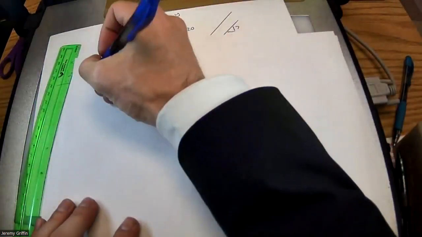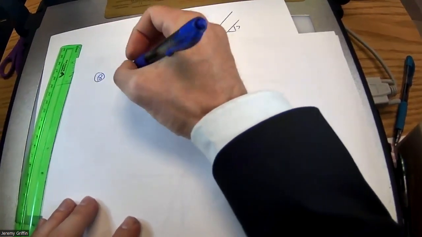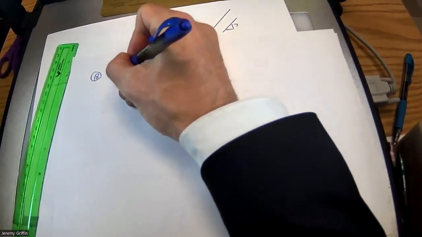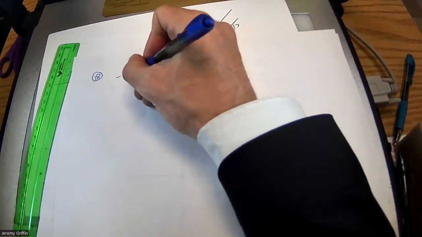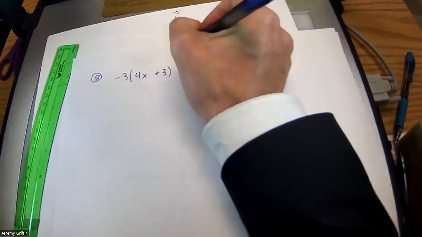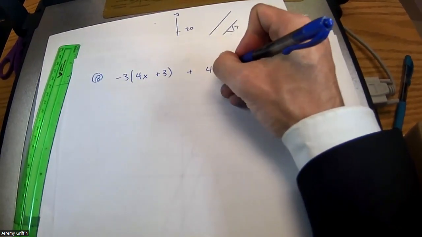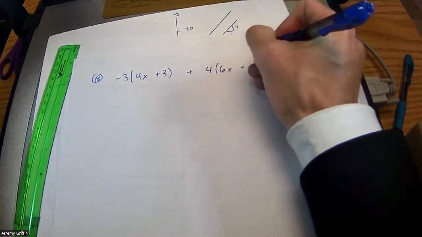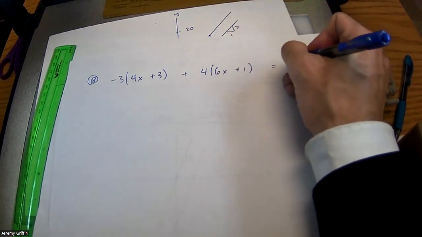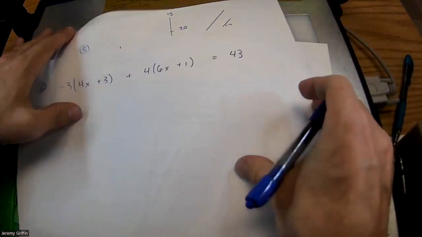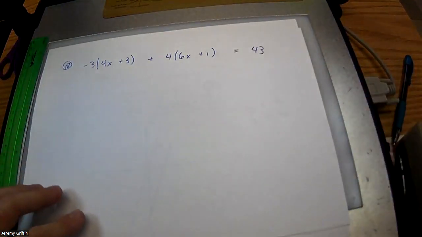Let's go, how about number 18? 18. Negative 3 times 4x plus 3, plus 4 times 6x plus 1, is equal to 43. All right, I'm going to give you guys a head start. See if you guys can get me to the answer on number 18.